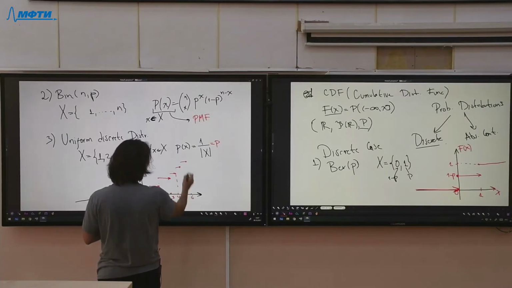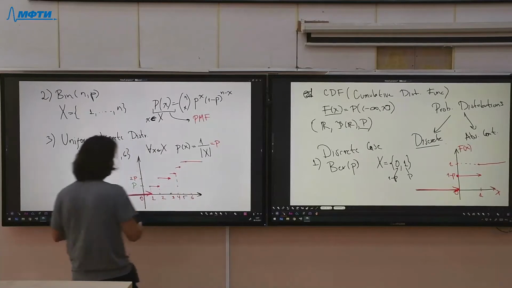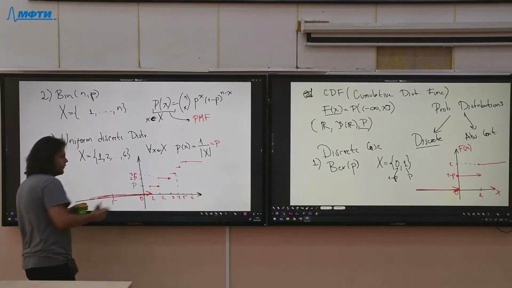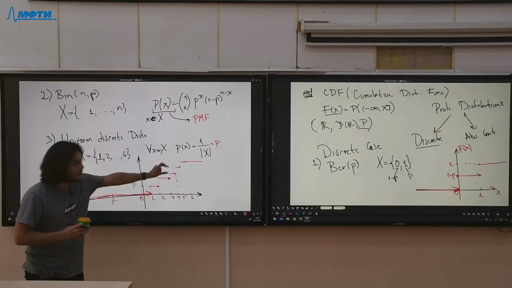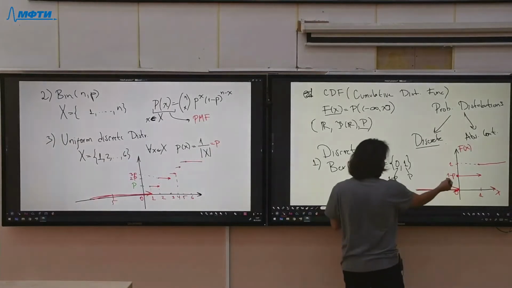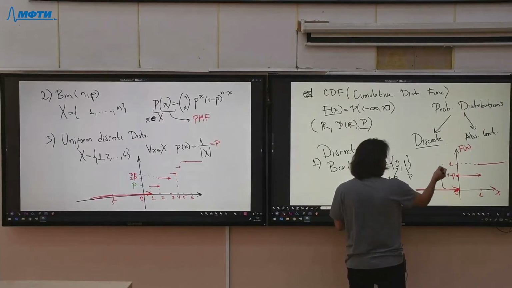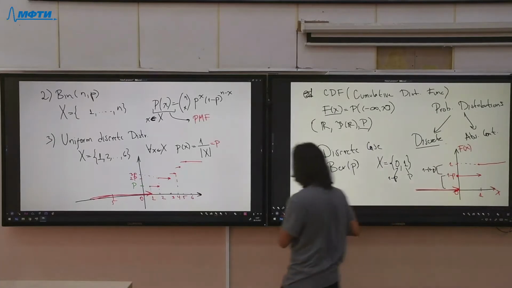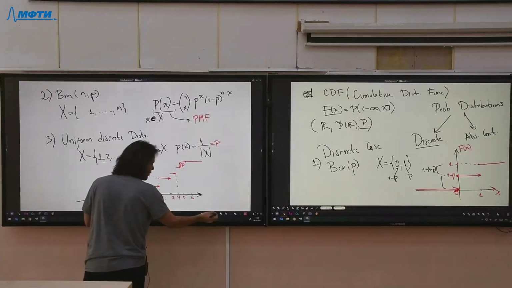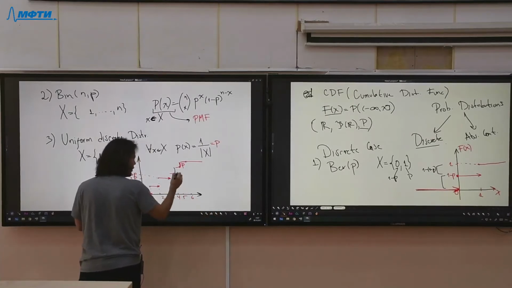Less or equal 5. Less or equal like this, right? So here we have P, 2P, 3P, and so on. So the height of every step is the same, P. Okay, so here we had 1 minus P, and here, well, 1 minus P, right? This is the height. Every time we have P here, and we have P here, and so on, right?